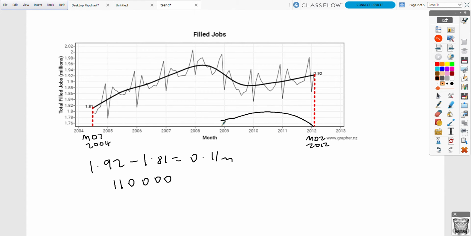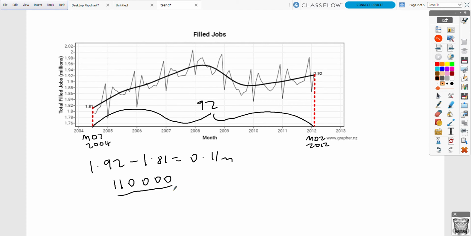Now I'll leave you to do the maths, but that gives me 92 months that my data was collected for. Don't forget to include July 2004 because the data started being collected on the 1st of July 2004.